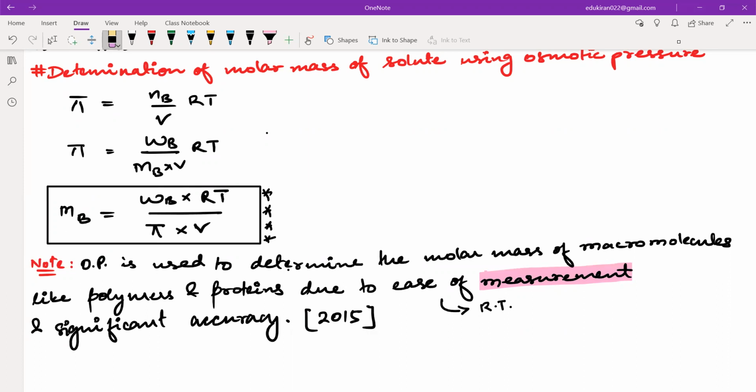So the ease of measurement is the big point, and the significant accuracy includes the point that, if you remember elevation of boiling point, the difference was very little. For example, 0.49 degrees Celsius, 0.15 degrees Celsius was the difference in the temperatures of boiling point of solvent and solution. But here in osmotic pressure, the values are large, so you can easily measure them and get significant accuracy.